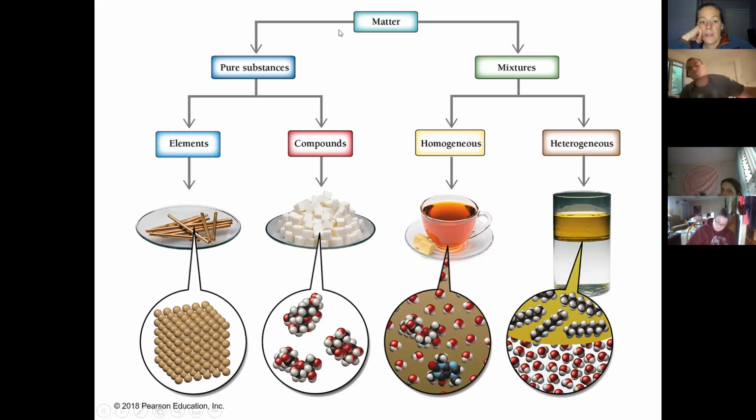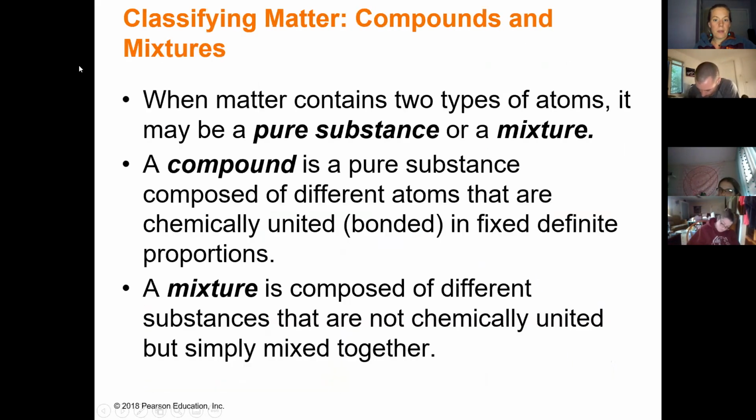If instead of being a pure substance, we were in fact a mixture, we could divide our mixtures into being either a homogeneous or a heterogeneous mixture. So there are four different categories at the very end of how we can define matter. Let's go back and go through each of these things and what they mean.